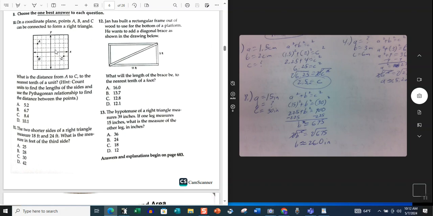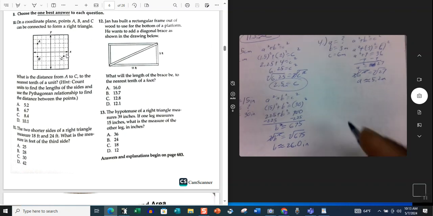So from A to C would actually be your hypotenuse, because your right angle would be here at angle B. Now, hint, count units to find the length of the sides. So side AB and side BC will be your side A and side B.